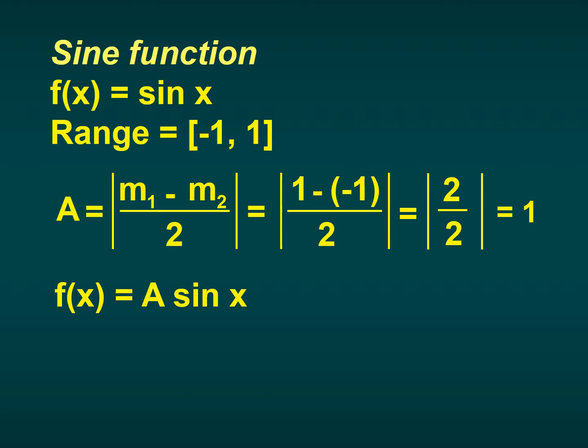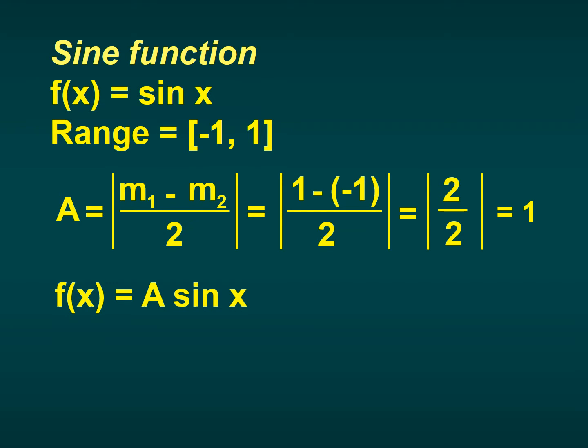So if we were to look at just our general form of the sine function, amplitude is going to appear right before your actual trig function. Usually we're going to represent it with an A for amplitude, and so if we want to know what the amplitude is, we can look in front of our trig function.